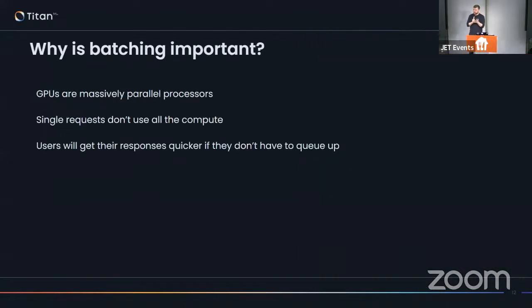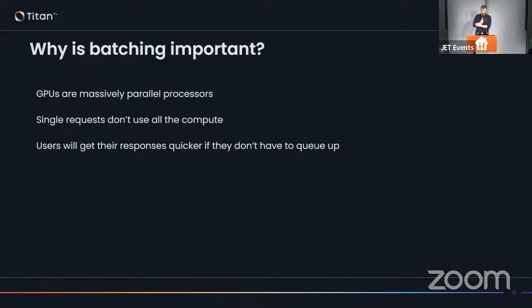Why batching? This is something that happens in all kinds of large-scale processing jobs where batching can be an important part of your pipeline. GPUs, which are the things that we use to serve large language models, are massively parallel processors. They have thousands of units of parallel compute, all sitting on a single chip, each of which controls a single thread of execution.